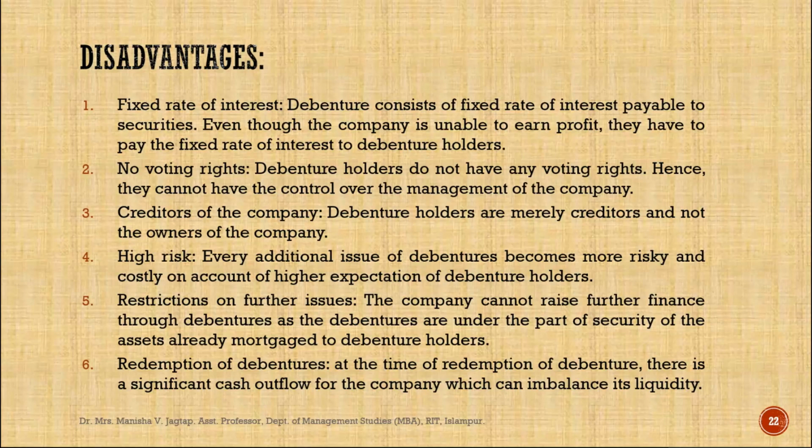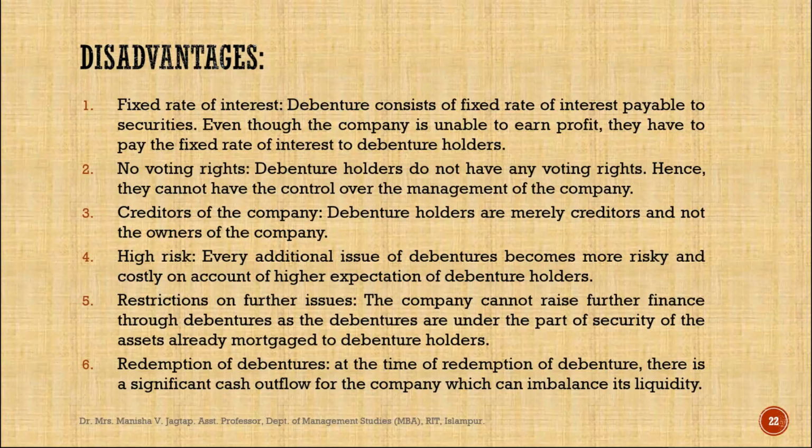Next is no voting rights. Debenture holders do not have any voting rights, hence, they cannot have control over the management of the company. Next, creditors of the company. Debenture holders are merely creditors and not the owners of the company.